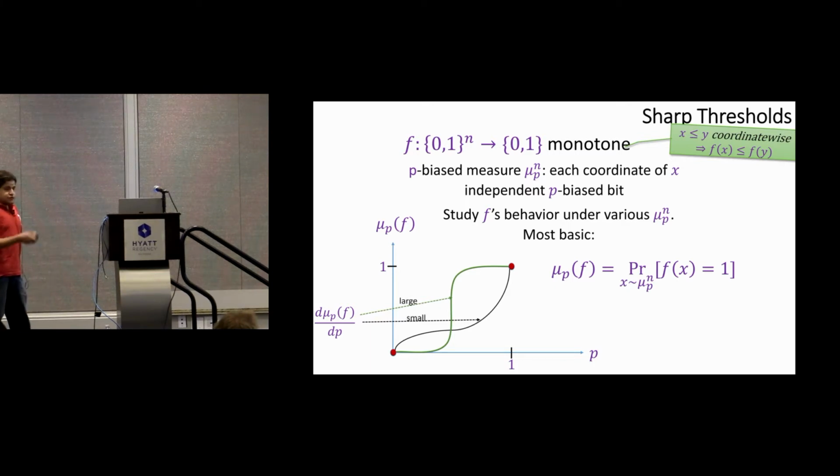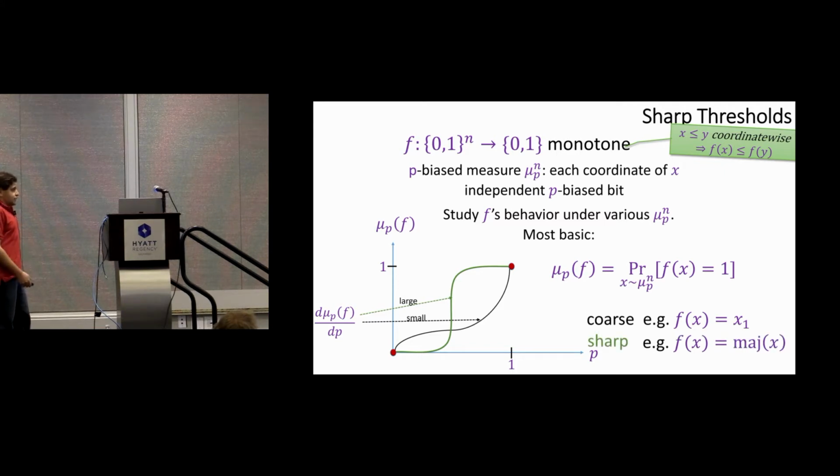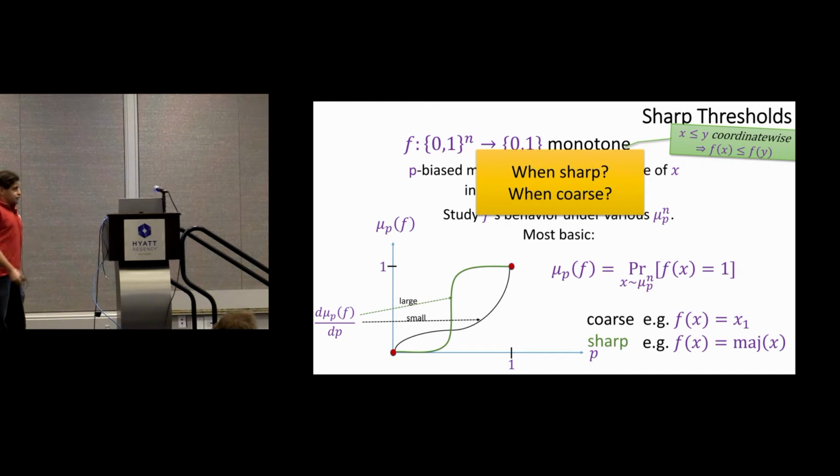If the derivative is large, this is a sharp threshold. If it is small, it is a coarse threshold. An example for a coarse threshold is when you take the function to be the dictatorship function. An example for a sharp threshold is when you take, say, the majority function. So the general task we would like to study is when does a function have a sharp threshold and when does it have a coarse threshold.